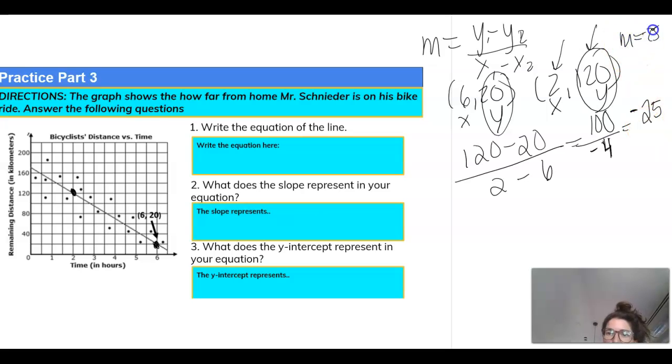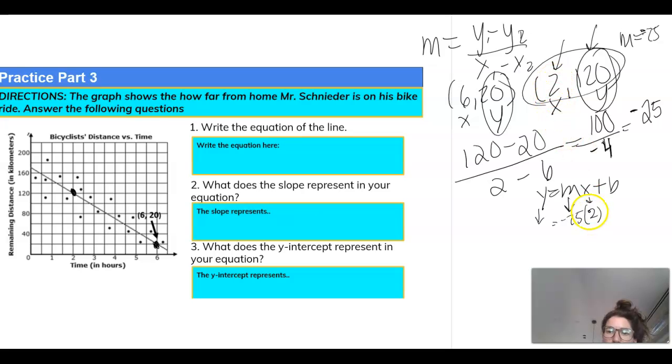m equals negative 25. To be able to find our equation, though, I'm going to have to plug into y equals mx plus b. So instead of m, I'll be putting negative 25. For x and y, there's a few options. I like the number 2, so let's use this coordinate 2, 120.